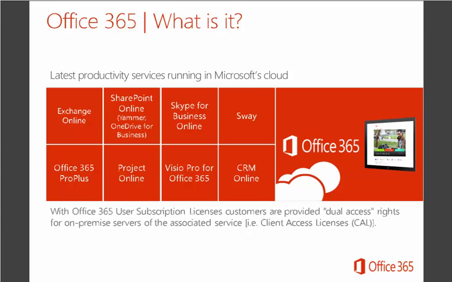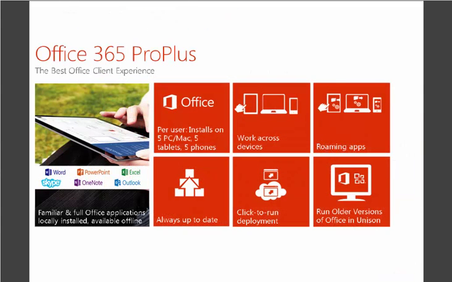If we look at it from the client side, we've got what's called Office 365 ProPlus. Instead of the traditional install and basically way of purchasing Office, where you had to purchase licenses for each device that you were installing Office on, Microsoft has moved more towards the subscription where each individual user is licensed, and then they're allowed to now install Office on up to 5 different devices.